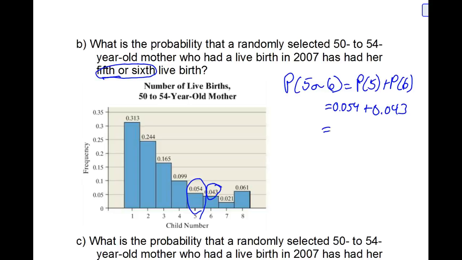So the probability of 5 or 6 is going to be 0.097. So this means that a woman that is randomly selected between 50 and 54 who has a live birth in 2007, having her fifth or sixth child, is going to be a probability of 0.097.